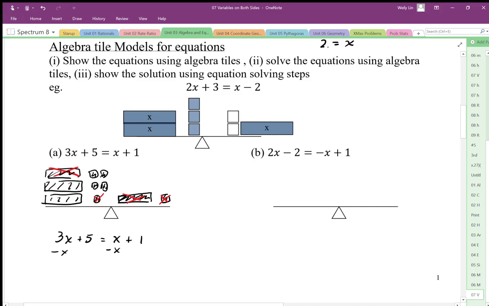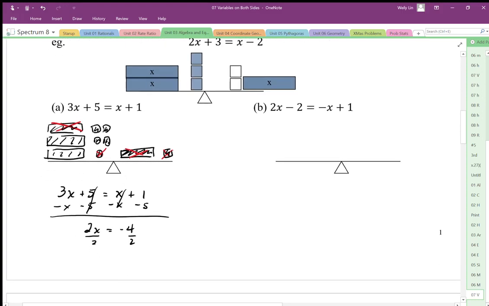As we get better at this, we can start doing more things in one step. So I'm going to take away the 5 from this side, and 5 from this side. I'm just going to do that all in one step. 0 pair, 0 pair. So 2x equals -4. Divide by 2, divide by 2. And sure enough, I get my solution that x must be -2.